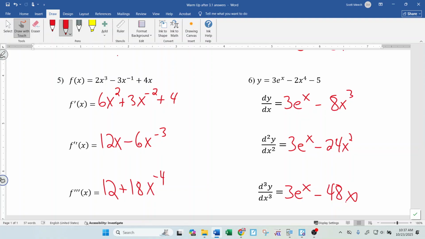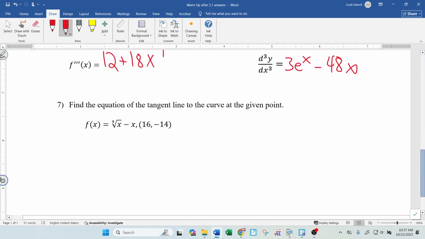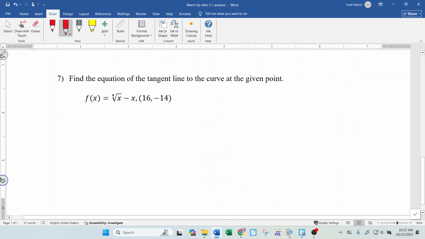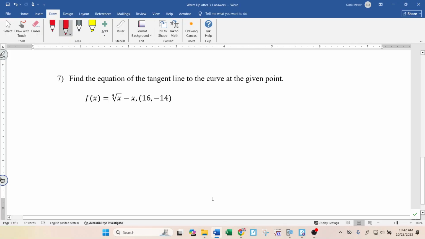All right, let's finish up. Try the bottom one. Find the equation of the tangent line to the curve at the given point. So let's look at it.